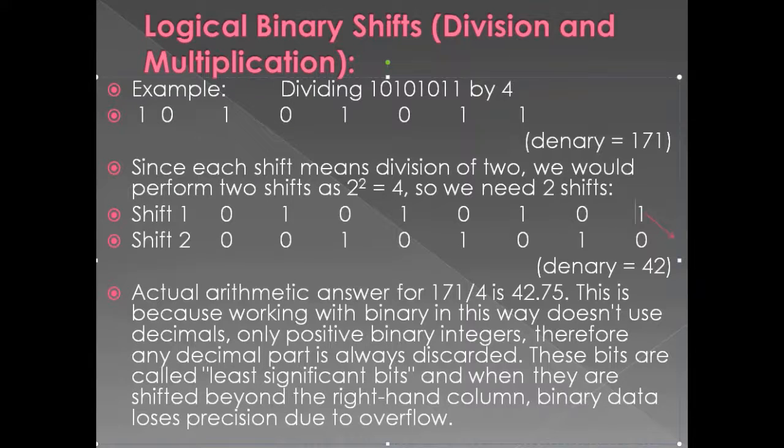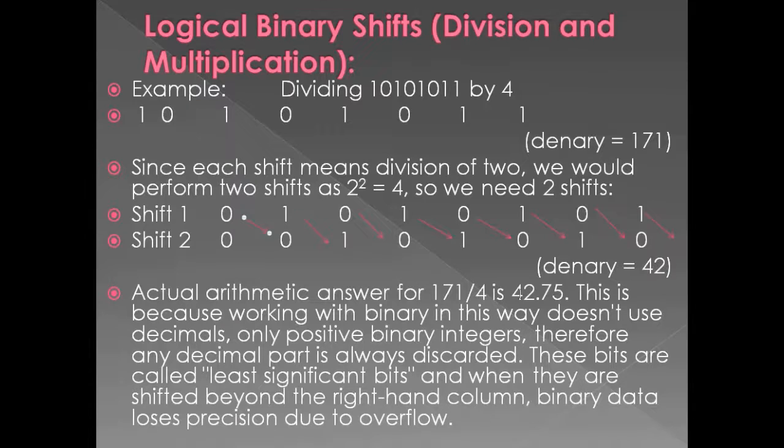Then this 0 comes over here, this one comes over here, and so on for each bit, and over here we introduce a new 0. And this is the second shift, so this would be our answer, and the denary value for this is 42.